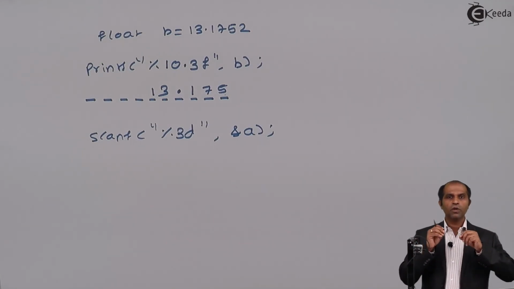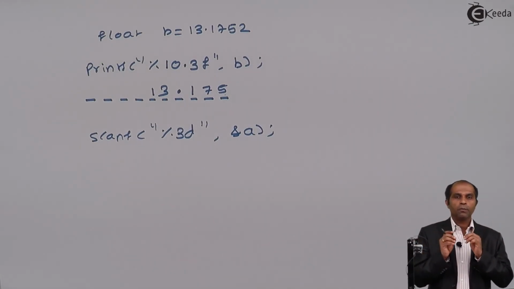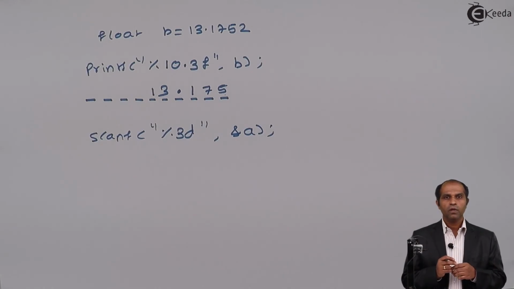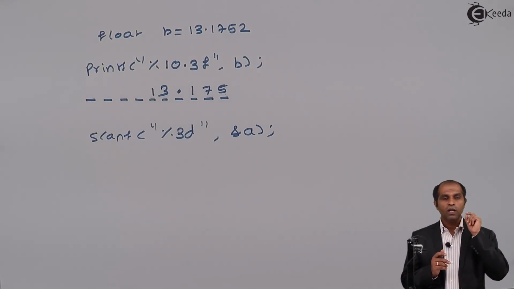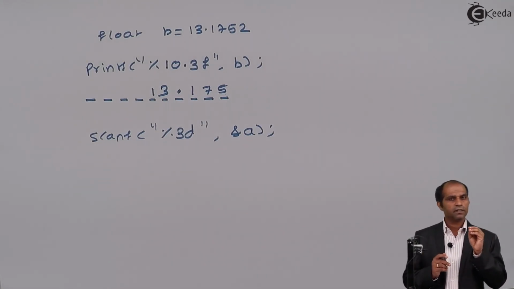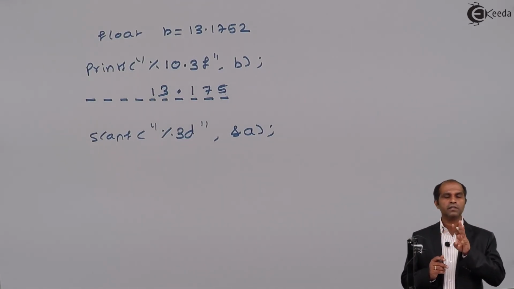Till now we have been using only percentage d. You might wonder what percentage 3d will do. Percentage 3d will now read 3 digits into a. If the user enters less than 3 digits, the number will be read as it is. If the user enters more than 3 digits, only the first 3 digits will be stored into a.